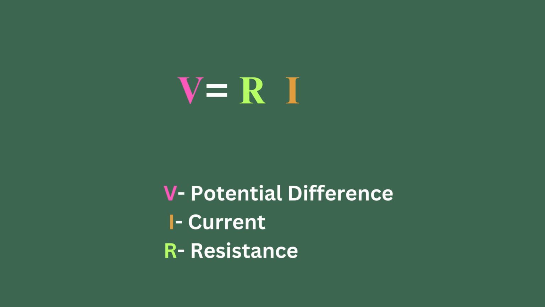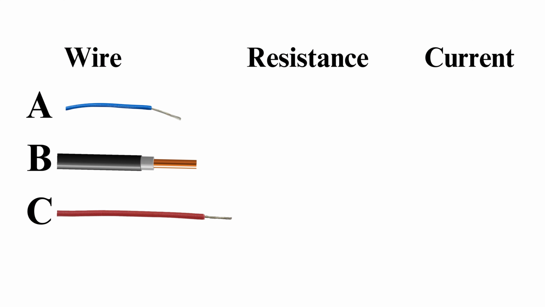Now, do you know why we call this constant from the equation of Ohm's law resistance and not something else? For example, we don't call it conductance, right? So, let us discuss this with an observation. We have taken 3 wires of different resistances. Wire A 2 ohm, wire B 4 ohm and wire C 6 ohm.